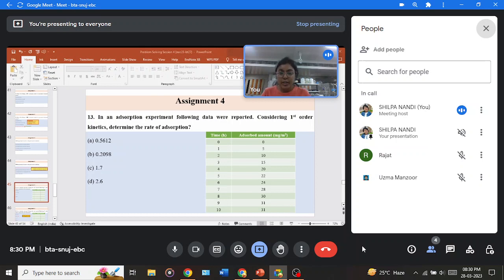It goes on till 10 hours, so the data is given from 0 to 10 hours. Within those 10 hours, the mass has increased from 0 to 31 mg per meter square. So you have to think that, considering first order kinetics, you have to determine the rate of adsorption.